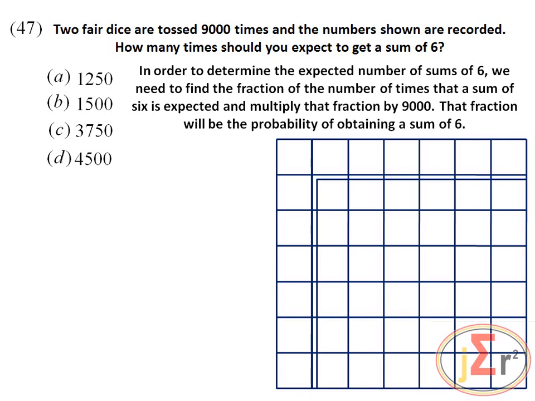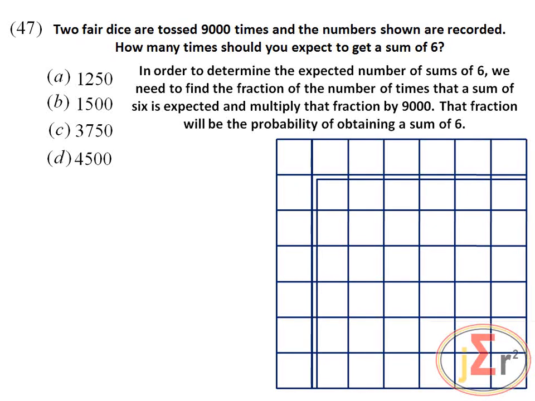We know that when you toss those 2 dice, we have a wide variety of possibilities. We need to determine 1, the number of possibilities, and 2, the number of possible sums of 6. If we know that, then we will be able to determine what fraction of the total number of possibilities the number of sums of 6 will be.